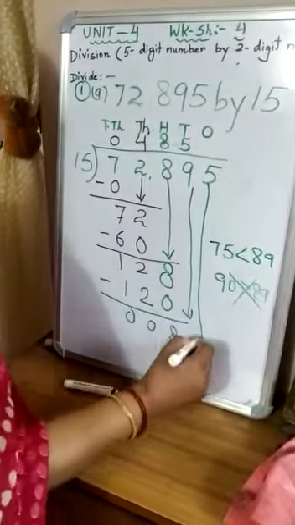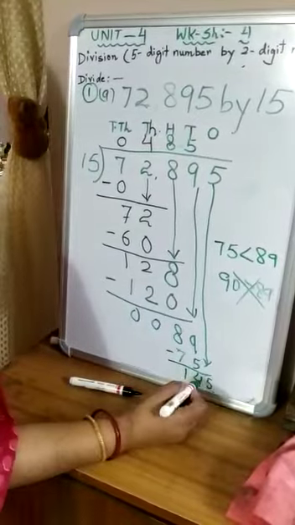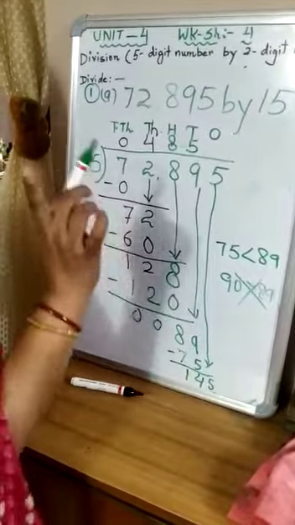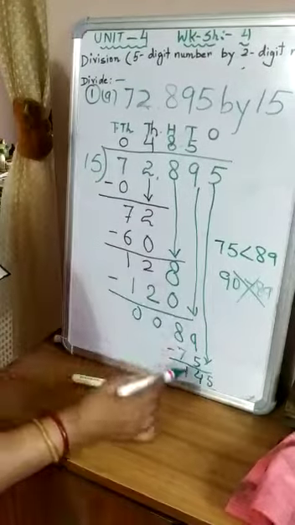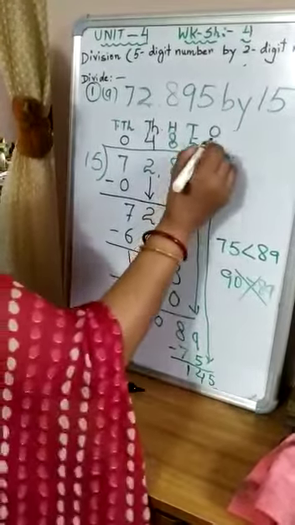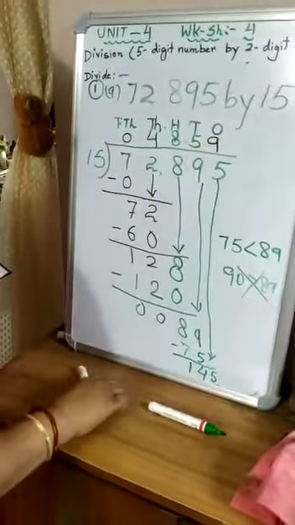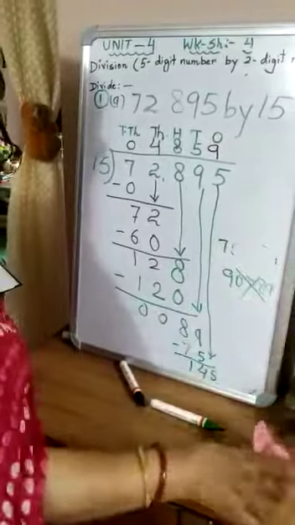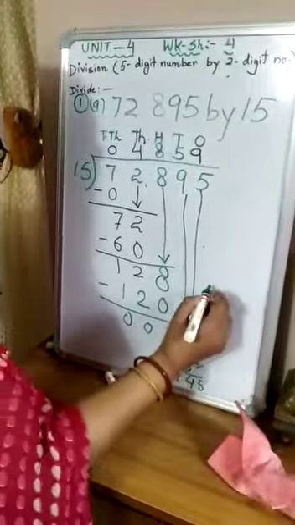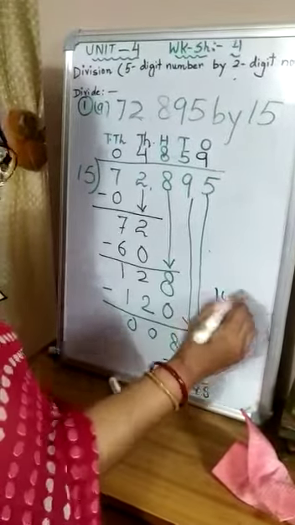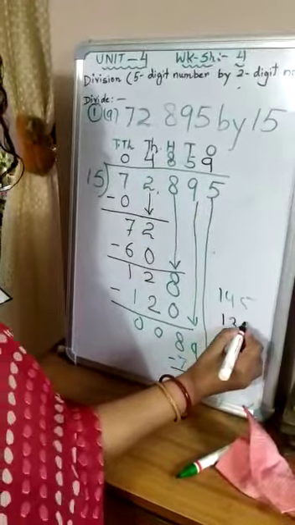Now at last I will write down 5 ones. Now it is 145. So we know that 15 nines are 135 and 15 tens are 150. So I will take here 15 nines, 135. I am subtracting here because of lack of space. So this 145 will be subtracted by what? 15 nines are 135.